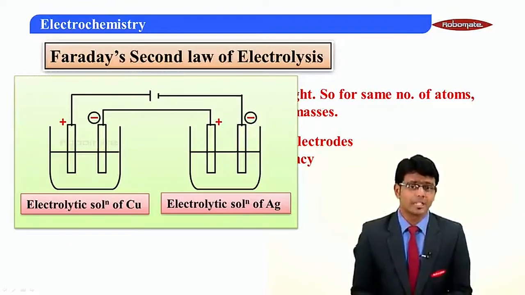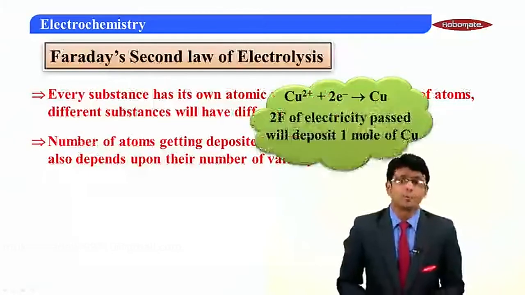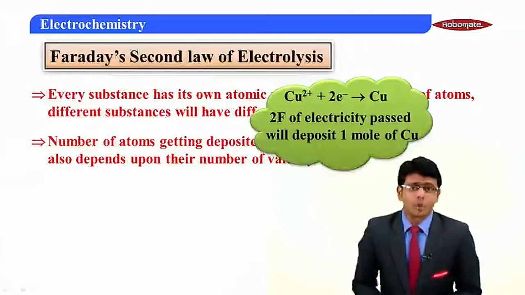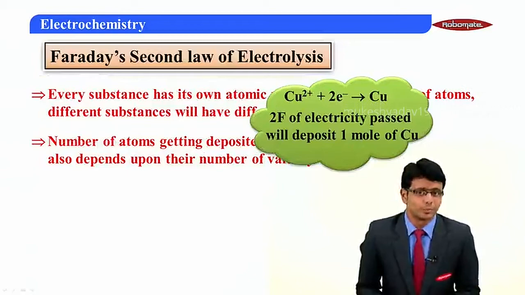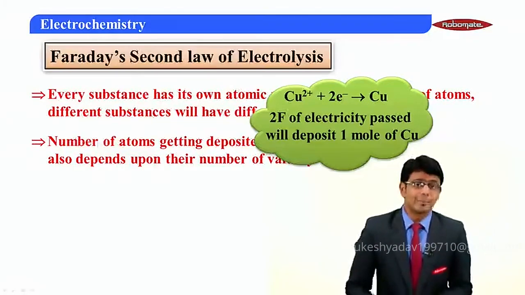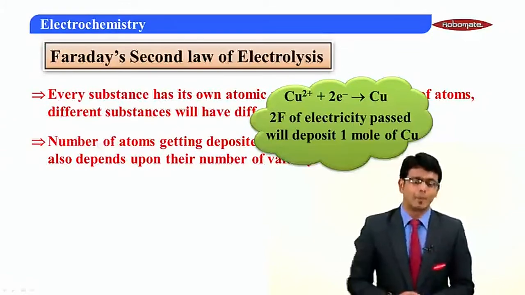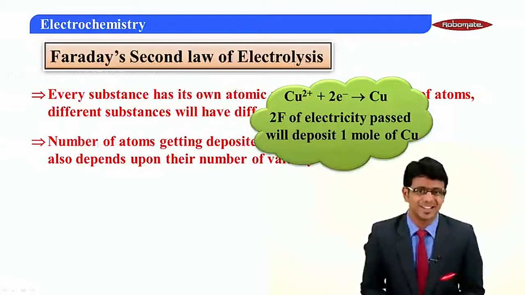Now here copper has a valency of 2, whereas silver has a valency of 1, isn't it? Now, for reduction of copper ions, Cu2+ plus 2 electrons giving you Cu, 2 Faradays of electricity passed will deposit 1 mole of copper because the valency of copper ions is 2, right?